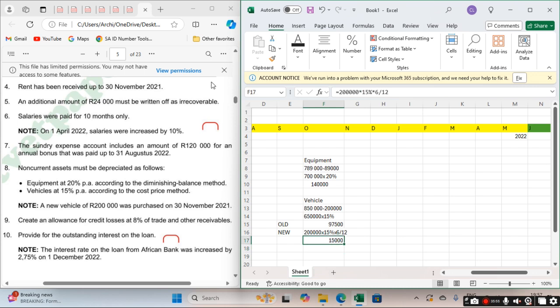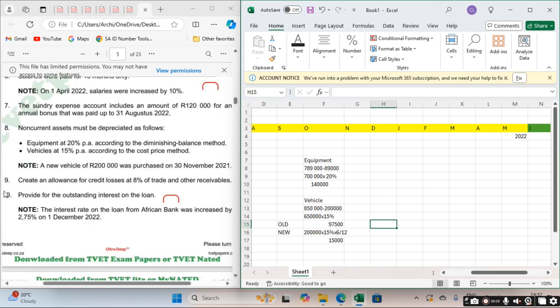So now our total depreciation, we're going to say this plus this plus this to get total depreciation. So we're going to say equipment depreciation plus the old vehicle depreciation plus the new vehicle depreciation. So that's how you do that depreciation.